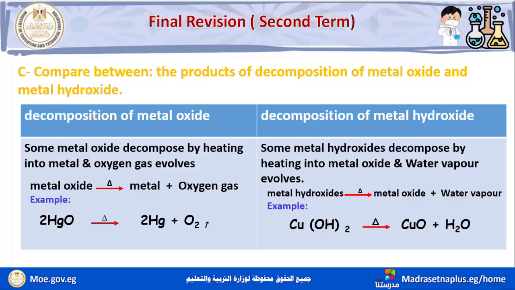General equation: metal hydroxide, by heating, produces metal oxide plus water vapor. For example, Cu(OH)2, copper hydroxide, by heating produces CuO, copper oxide, black in color, plus H2O, water vapor.